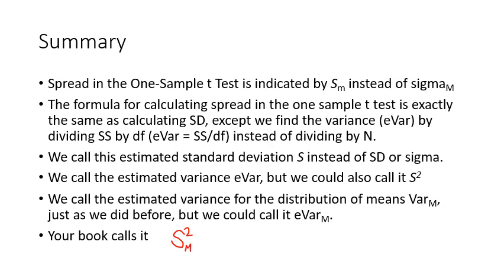So the variance is S squared, and this M means for the distribution of means. It's hard to type on a keyboard, and it's sometimes confusing for students, so we're going to just use VARM or EVARM. Either one would be okay in this case. All right, hope all this was helpful.